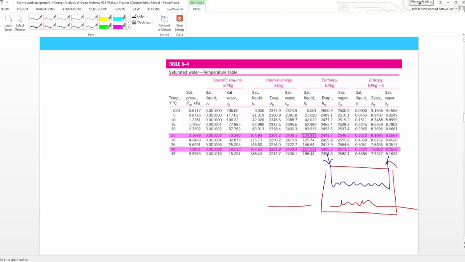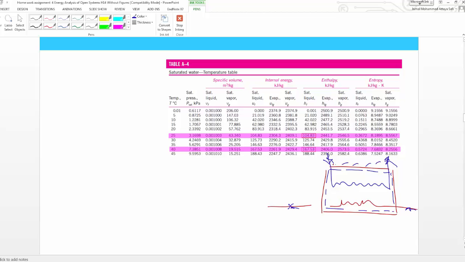I know the states are fully defined here and here and here. So for the heat exchanger, we can take the heat exchanger as a system now. So this is my system.